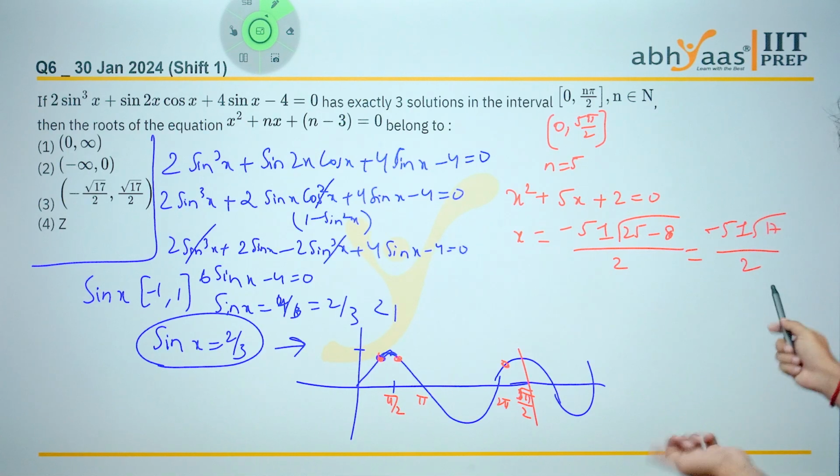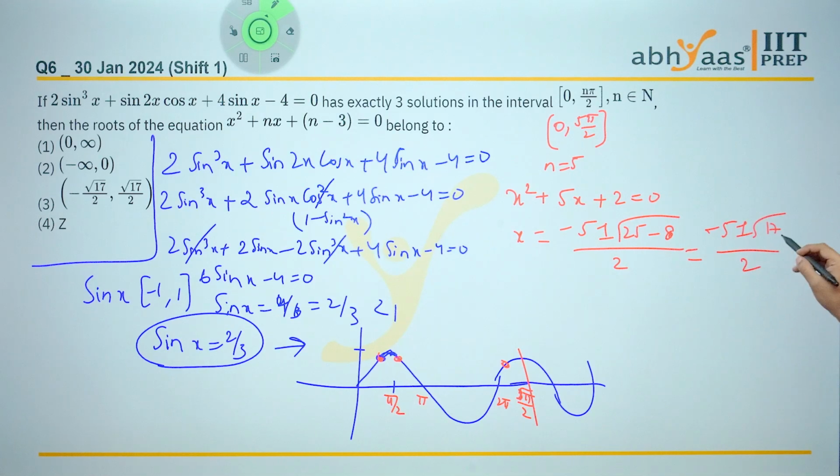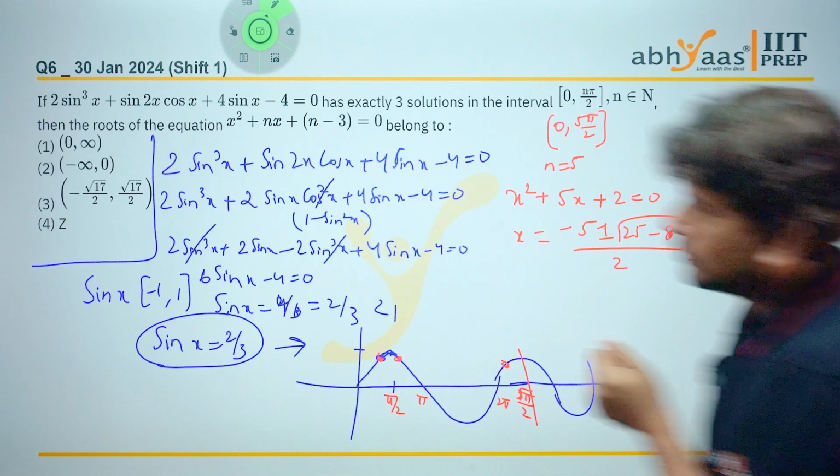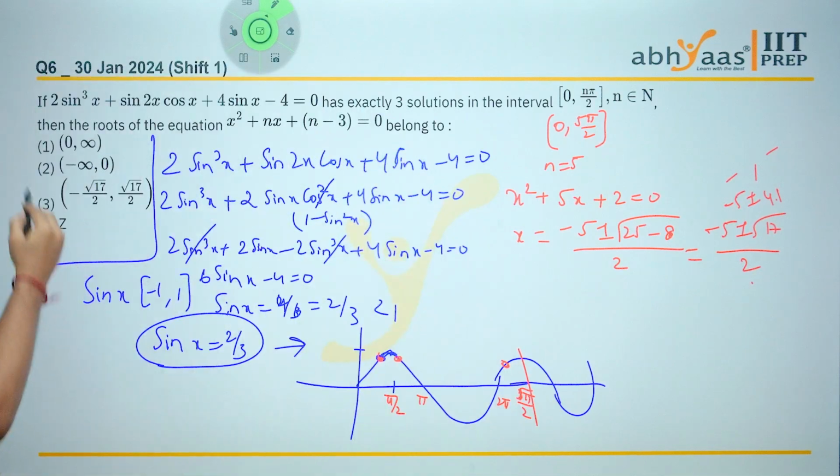Where does this lie? Okay, this is 4 point something, right? Greater than 16, so 4 point, let's say 4.1. So minus 5 plus or minus 4.1 by 2. So 5 is dominating, so we'll get one negative value, and the other also one negative value. So we're having 2 negative values which will be possible here. Okay, yeah, so that will be our answer.